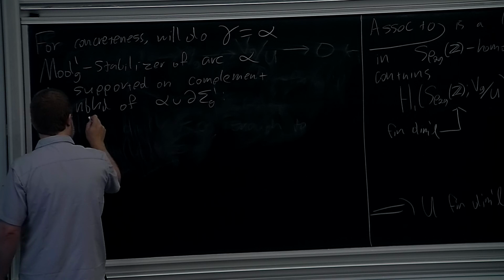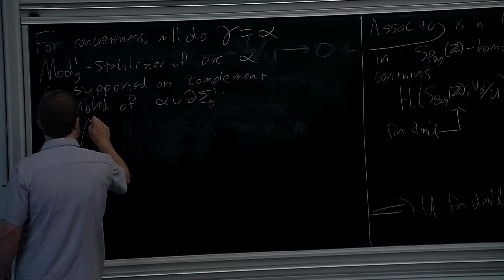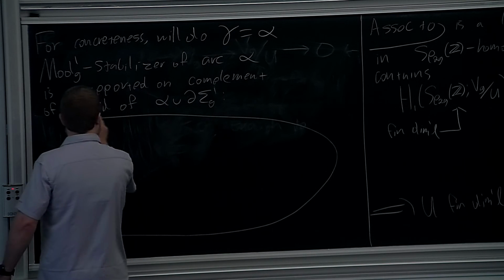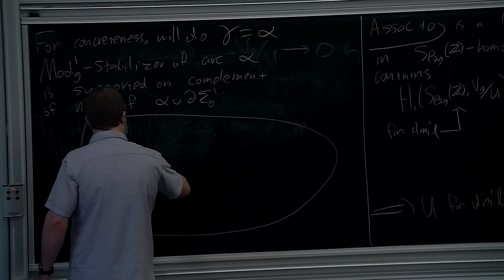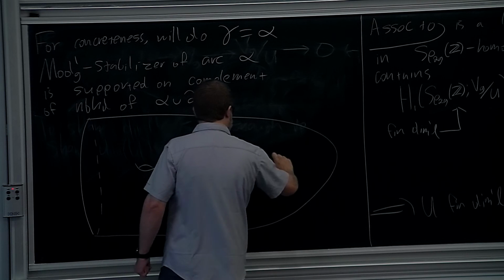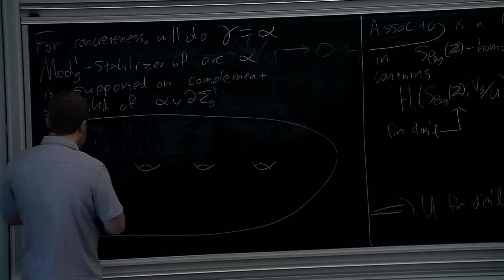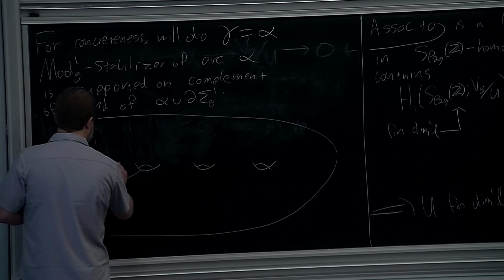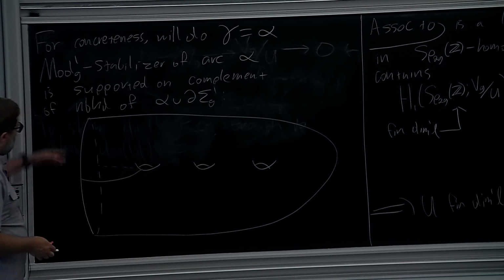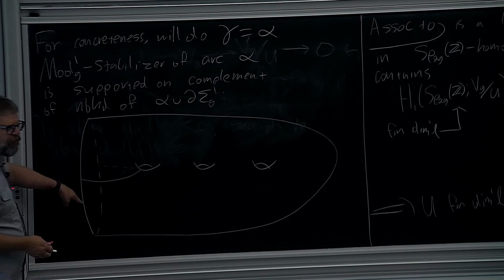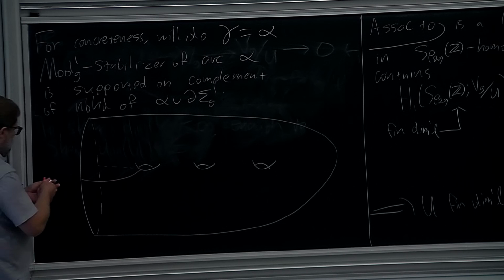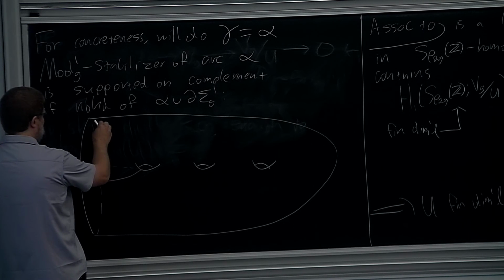So here it is. Here's my surface. I'm going to draw it nice and big. There's genus 1, 2, and 3. Here is alpha right here. And so if I'm going to fix, I know I fix the boundary, because mapping classes always fix the boundary. If I also fix this, I might as well fix a little neighborhood.